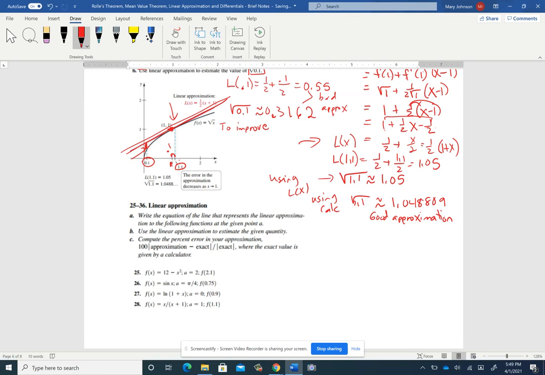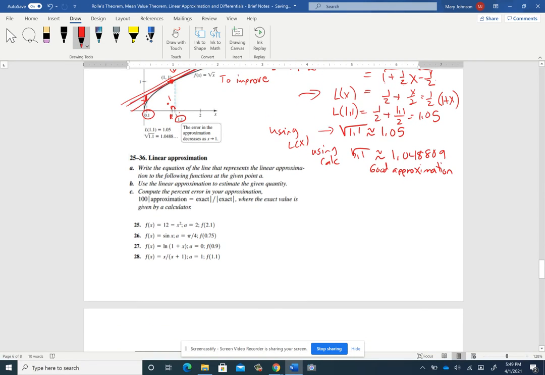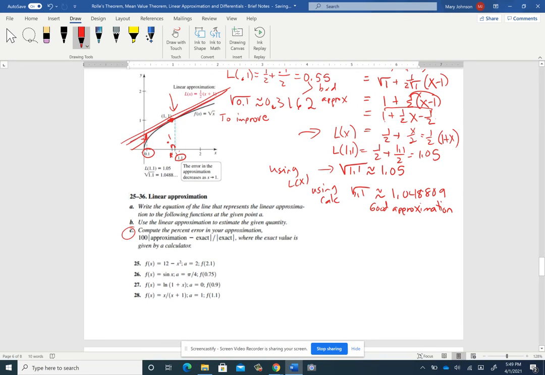All right, so now let's look at some of the homework you might see because it goes a little bit further. It starts asking you also to quantify the error. What that's getting at is, when you look at this picture, let me get rid of the stuff I wrote on it so you can see it better. When we use our calculator to find the value of that function at 0.1, it would be right there.